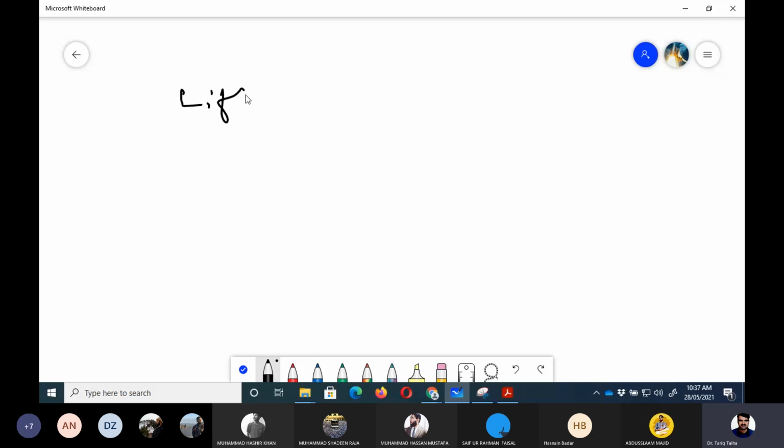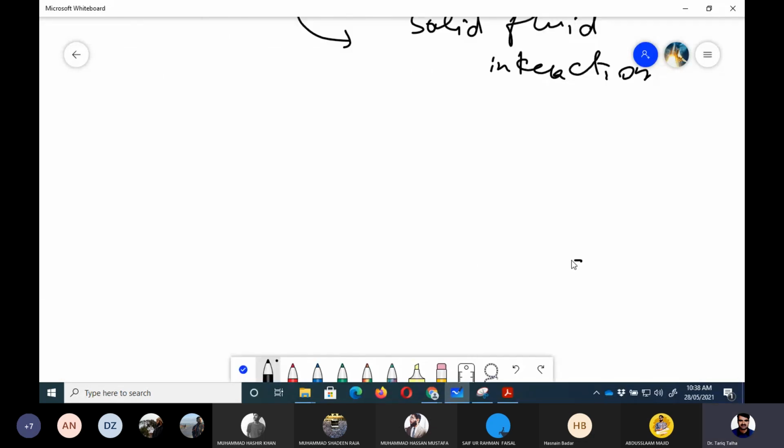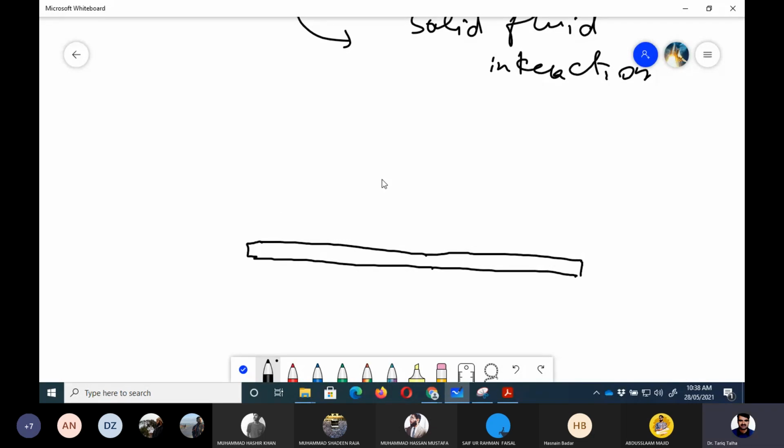Lift and drag. These two forces act when we have solid fluid interaction. So if we talk about solid fluid interaction, like flow over this flat plate, for instance, we can divide the flow into two portions.